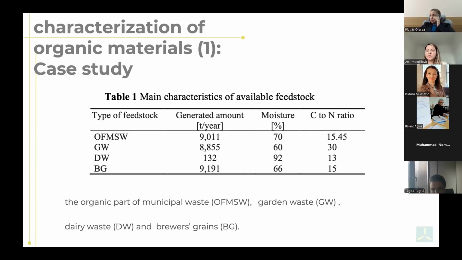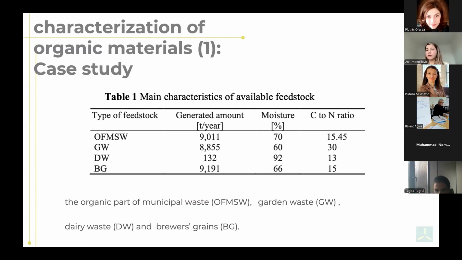There is around 9,000 tons of the organic fraction of municipal solid waste. There is also a really big amount of waste from the park. Not so much from the milk industry, because waste in the milk industry is actually reused and resold.